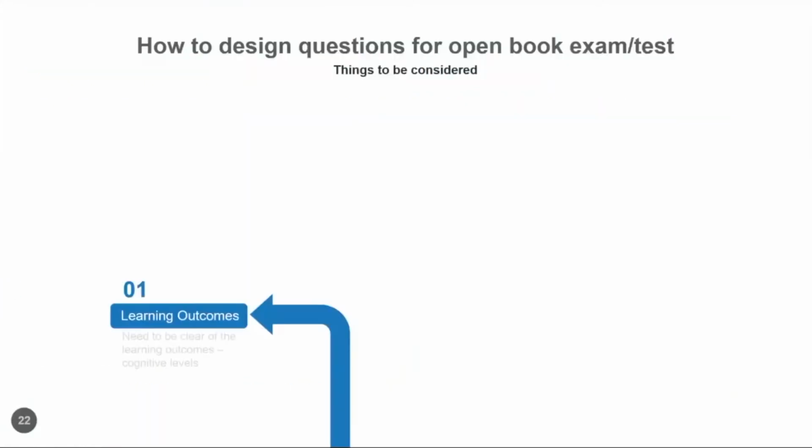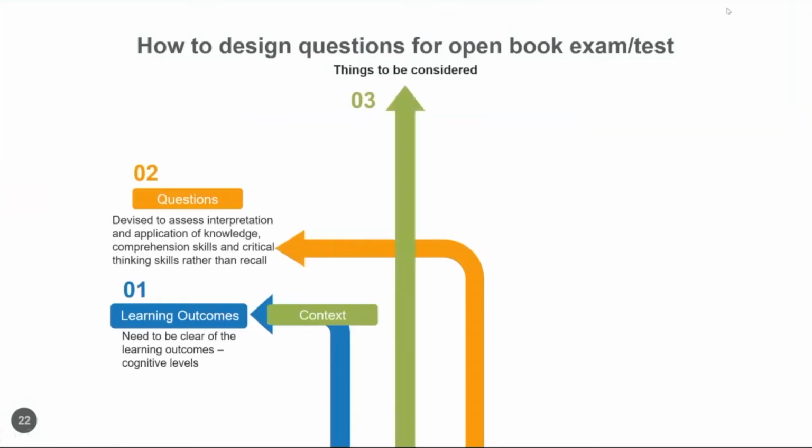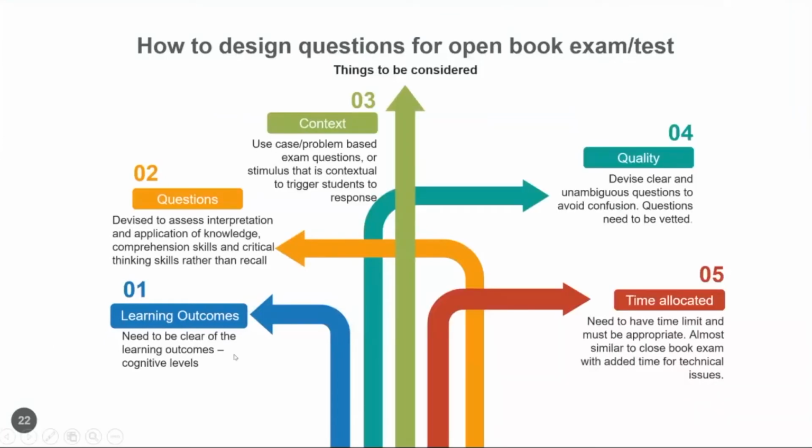So how do we develop the questions for open book tests? There are some considerations that you need to consider. The first and foremost will be your learning outcomes. You need to be clear. In learning outcomes, the table of specification is not there for ISO purposes or audit purposes. It's there for a very good reason.